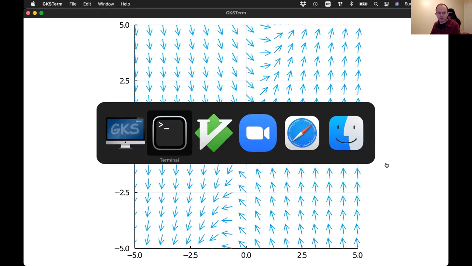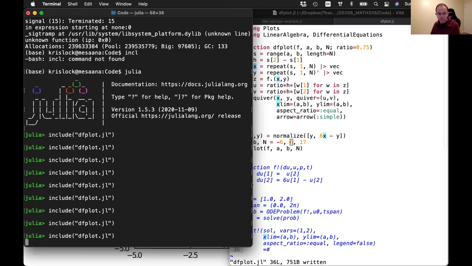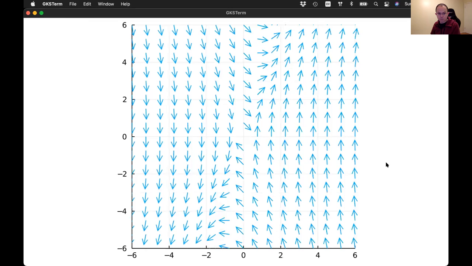Oh, I don't like that 2.5 there. So let's do like 6. Oops. Okay, that looks nice. So we're going to be starting at the point 1, 2, which is right here.